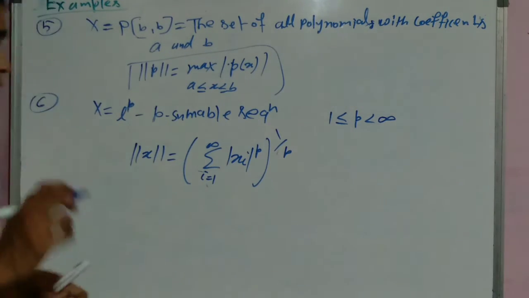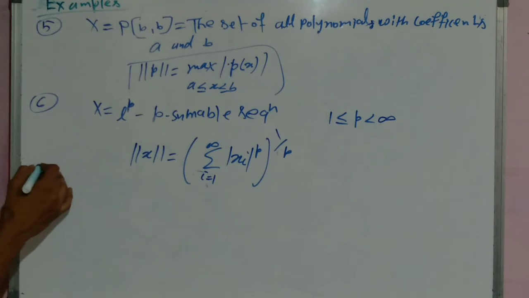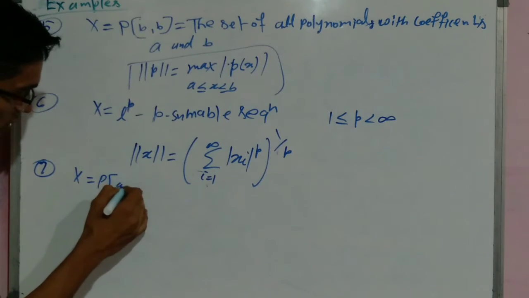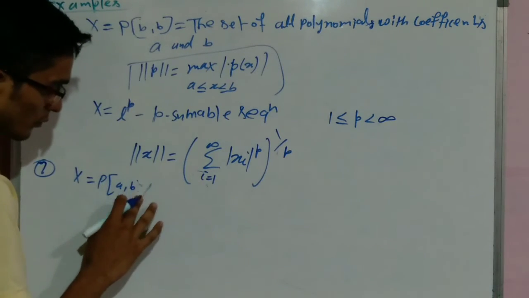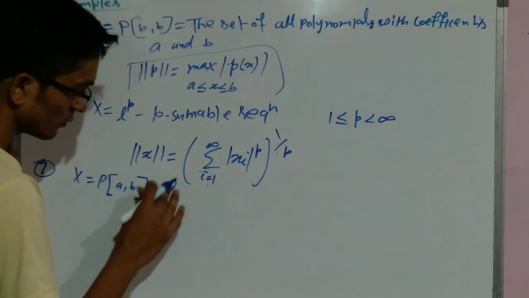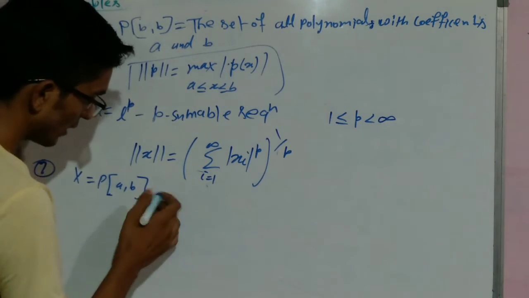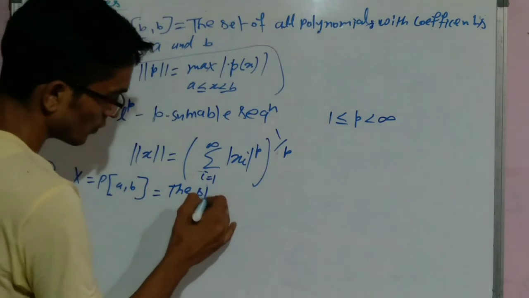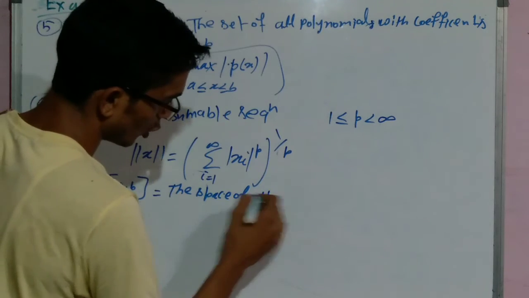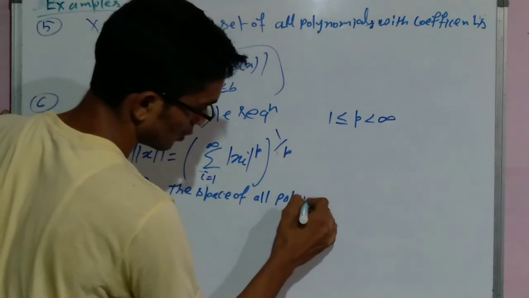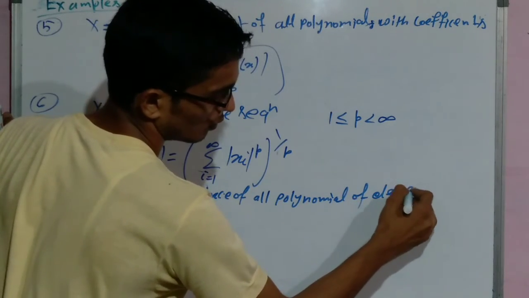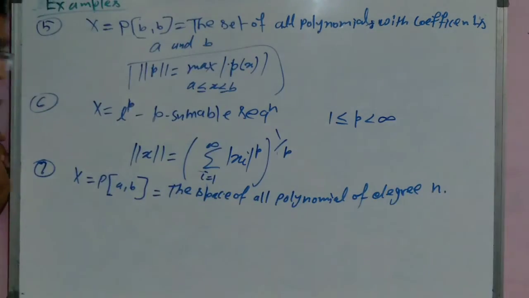Now we will touch two other examples. Example number 7. The space of all polynomials of degree n.